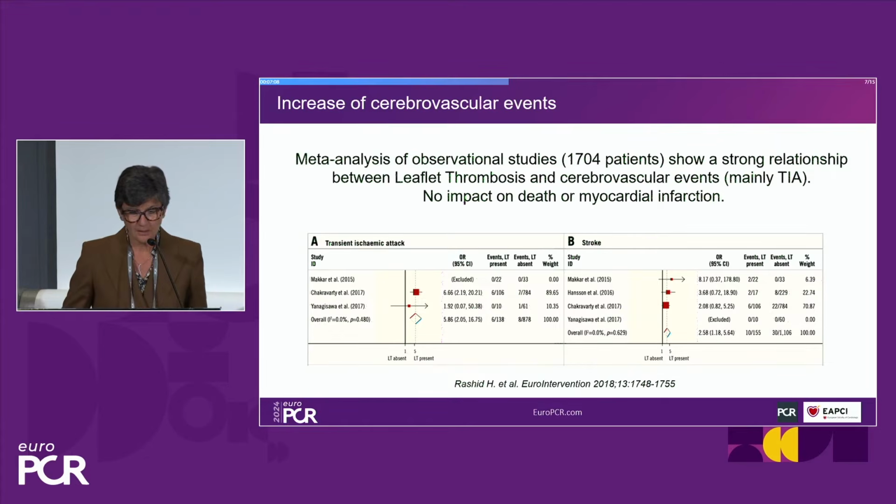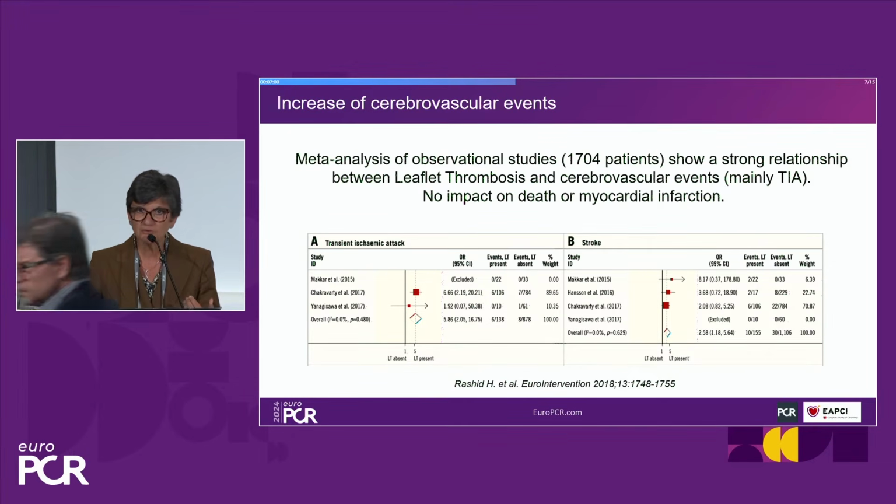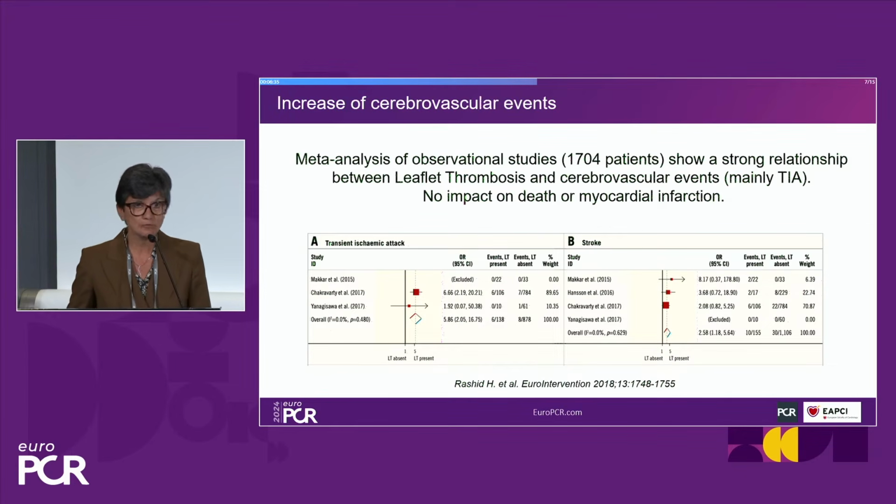Coming from these observations, several observational studies and registries were done to try to understand this mechanism, and one of the meta-analyses of these observational studies shows a strong relationship between leaflet thrombosis and cerebrovascular events, mainly TIA, but stroke as well, with no impact on death or myocardial infarction. But the methodological problems of the observational studies and registries are the variability of the timing of the CT scan.